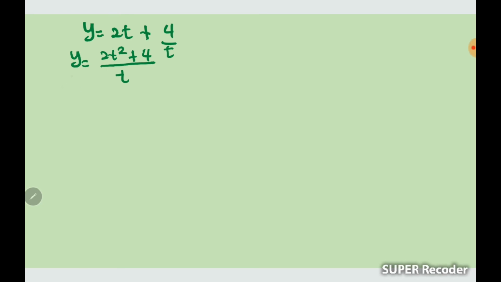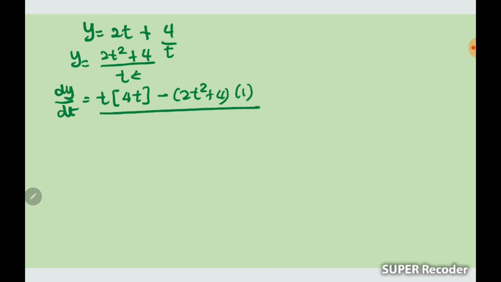Then we differentiate y with respect to t, that is dy/dt. dy/dt equals, we will use the quotient rule here. t multiplied with the derivative of 2t squared plus 4, the answer is 4t, minus 2t squared plus 4 differentiate t, the answer is 1, over t squared.